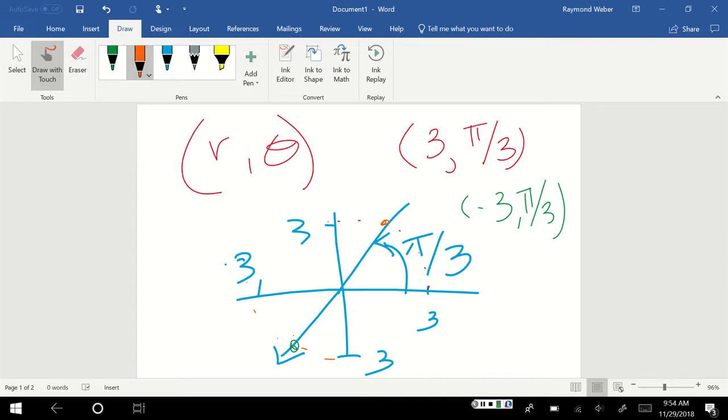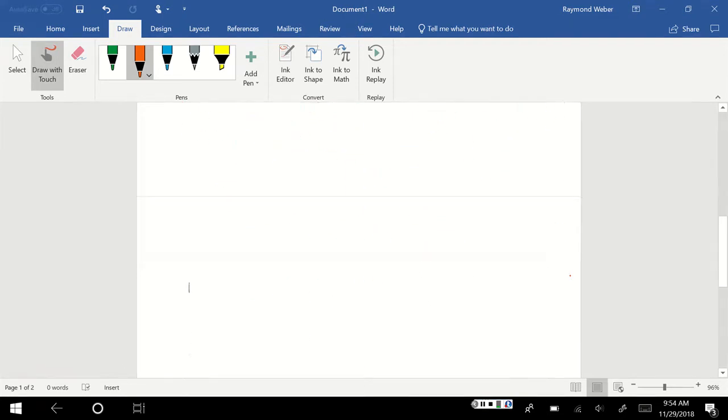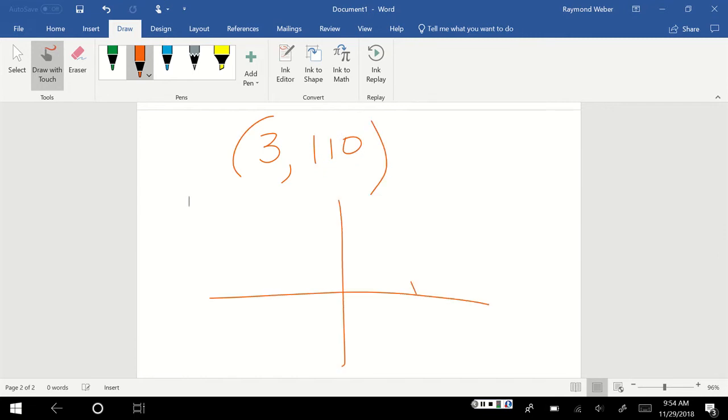So for instance, if I was over here, and I'm going to do degrees just to be different, doesn't really matter. If I was at the point (3, 110), okay? So that point is start up here, go 110 degrees over, okay? There's my theta. And I went out 3. There's my two 3's connected. There's that.